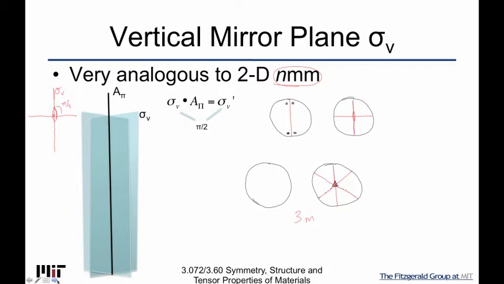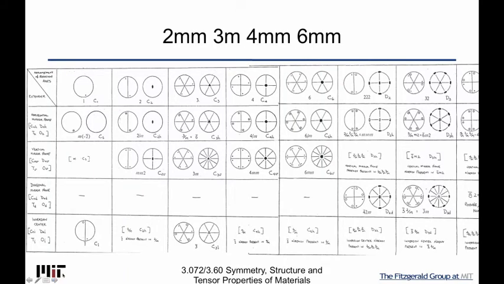So just to summarize, without having to do each individual one, I can come down here and show you those. There's the 2mm that we just did. And here's the 3m that I just showed you.